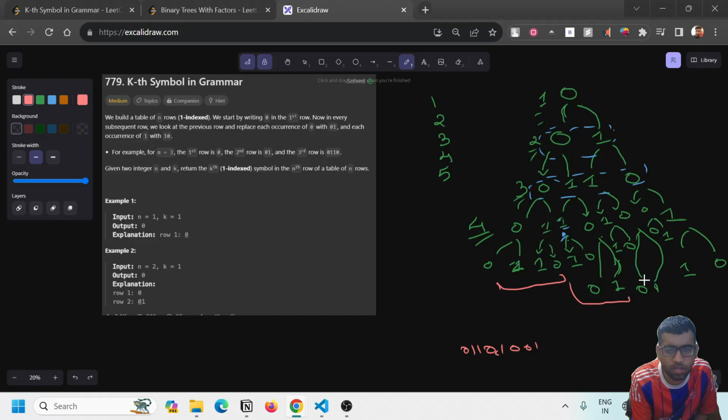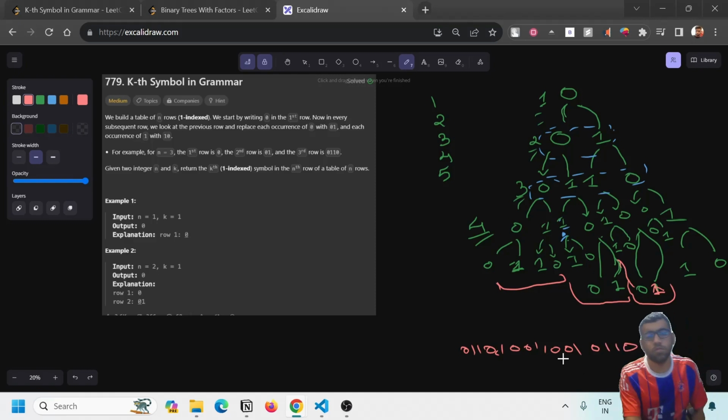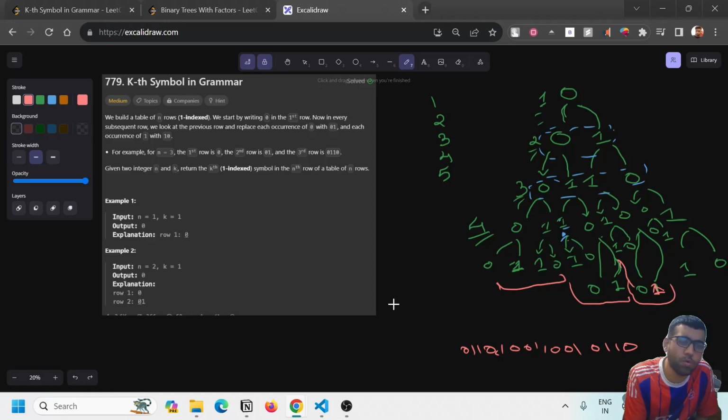Second set, 1 0 0 1. And the fourth one is also a set that was completed. And the last one is 0 1 1 0.